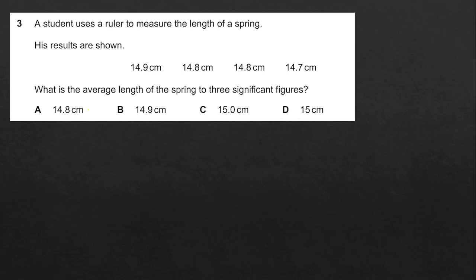The average length will be the sum of all the measurements divided by the total number of measurements. So average length will be equal to 14.9 plus 14.8 plus 14.8 plus 14.7 divided by 4.